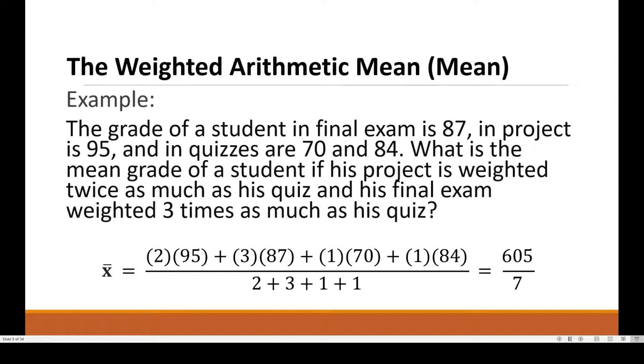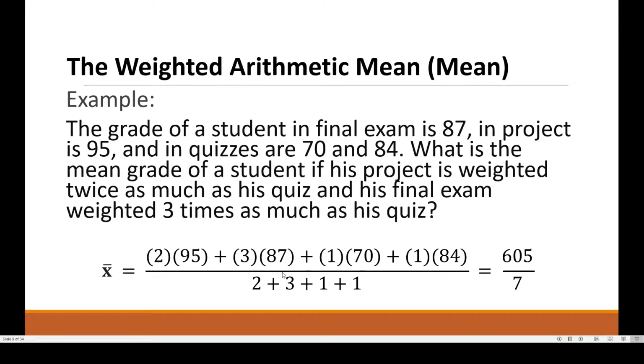So to solve for the mean of the grade of a student, x bar is equal to 2 times 95. What does it mean? So 95 is his grade in project, but based on the problem, the weight of the project is twice as much as his quiz, plus 3 times 87.